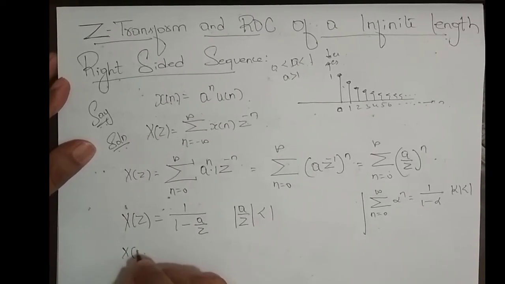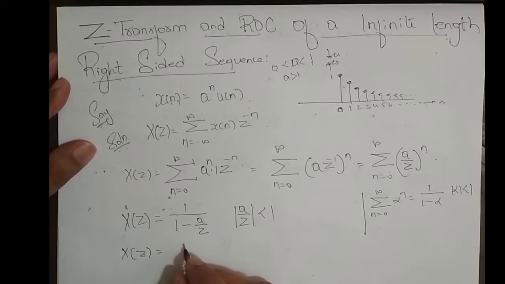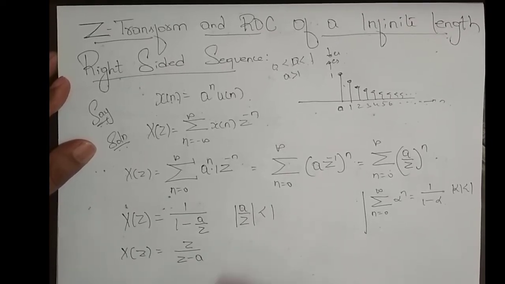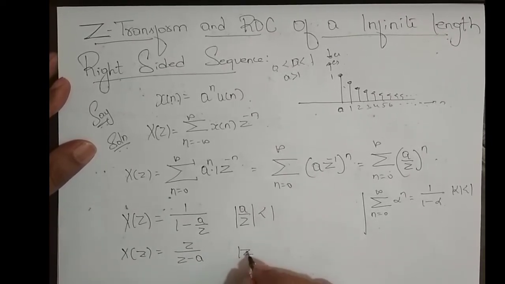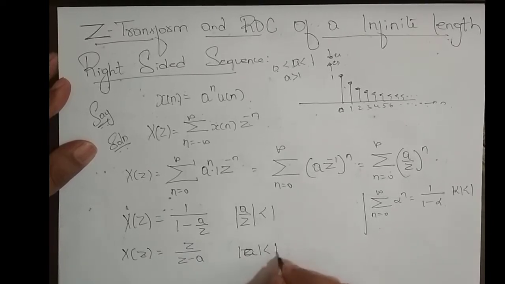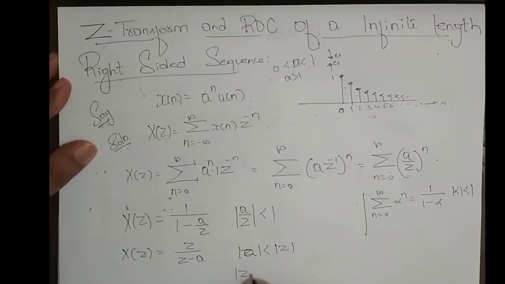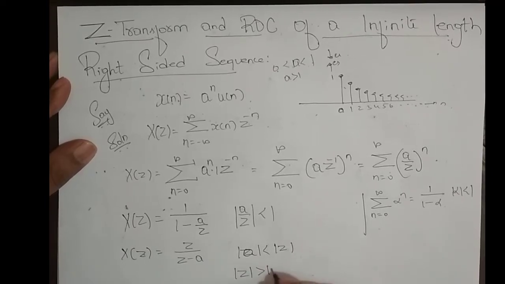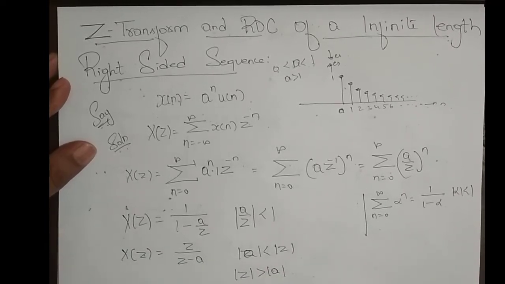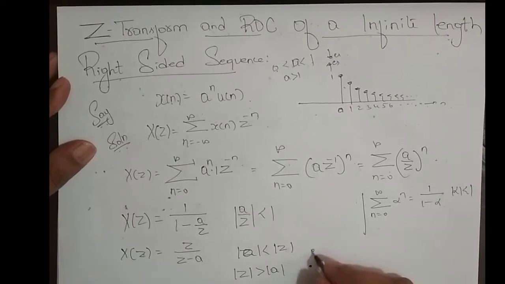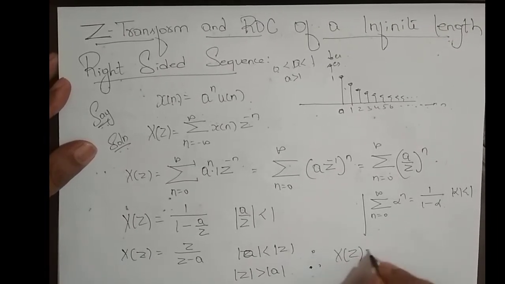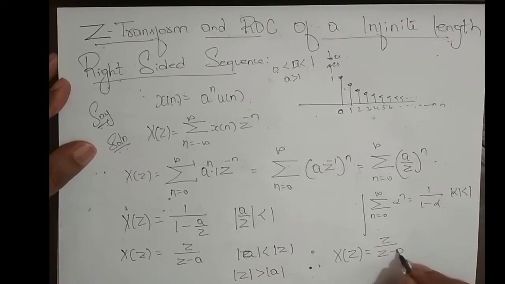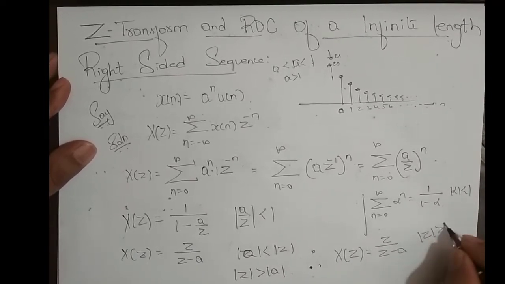Now if I simplify, x of z is equal to z divided by z minus a, right? And the magnitude of a is less than the magnitude of z, or I can say the magnitude of z should be greater than the magnitude of a. Therefore the z transform of an infinite length right-sided sequence is z divided by z minus a, with ROC magnitude of z greater than magnitude of a.